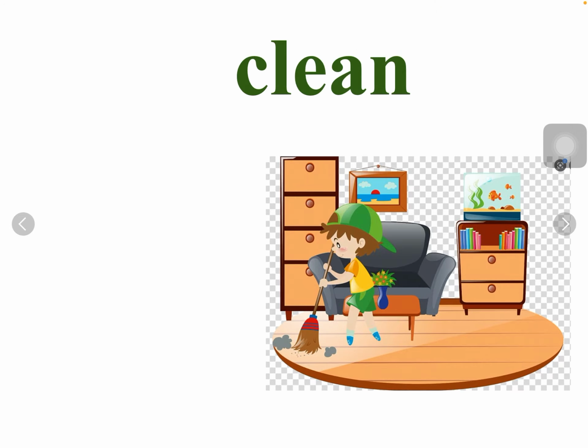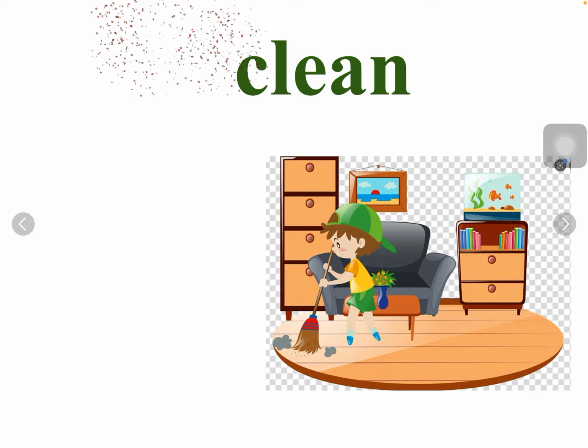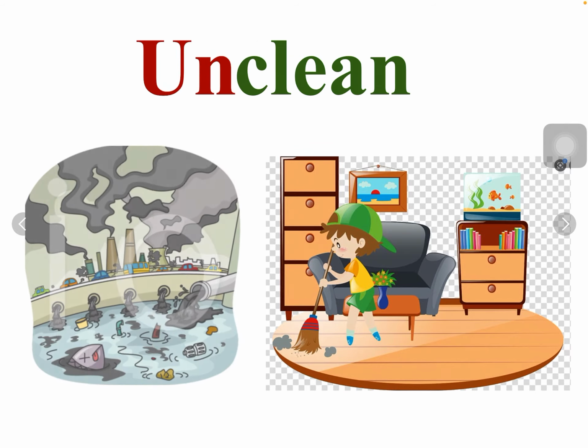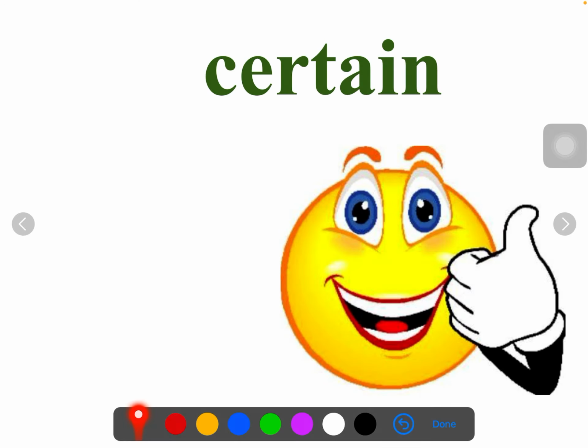As you see in the picture, the root of the word is clean. By adding the prefix un, it will be unclean, meaning dirty. So it gives us a new meaning, clean and dirty, by adding un. Certain, to be sure, 100%.